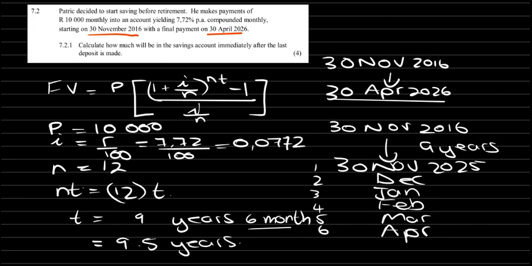We now have all the information that is required to solve this equation, so let's do it. Let's just write down the equation again. F equals P times (1 plus i over n) to the power nt, minus 1, over i over n.